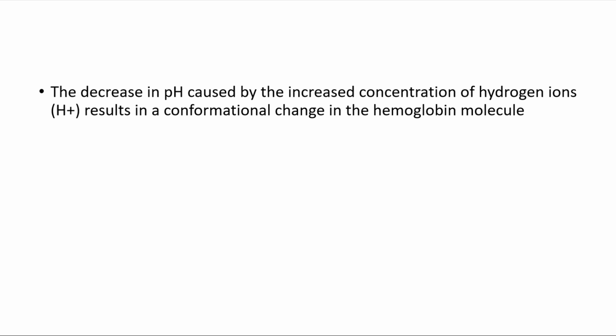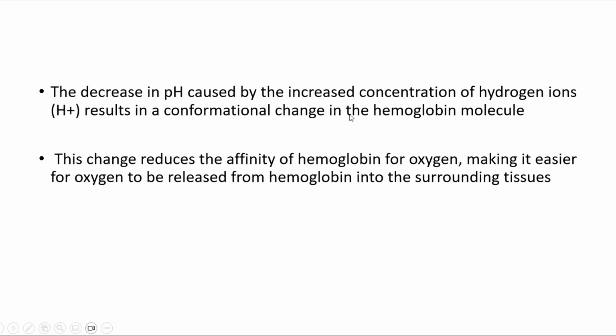When you've got increased hydrogen ions, it normally changes the way proteins are shaped. So because of that, it's going to create a change in the hemoglobin molecule. That shape change is going to reduce the affinity of hemoglobin for oxygen. So this change in shape means hemoglobin doesn't want to bind with oxygen as much anymore, making it easier for oxygen to be released from hemoglobin into surrounding tissues.